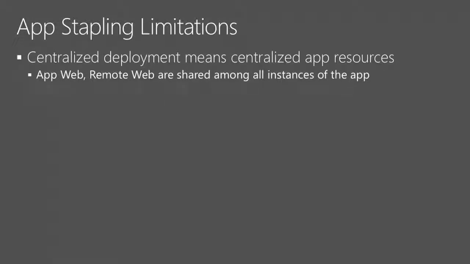So the centralized deployment means that there are centralized app resources, okay? So the app web, the remote web, they're all shared amongst all the instances of that app. So I don't get an instance of the app web for every site that app is actually installed on. That may or may not be a problem. It may be a feature to you, right? You could say all of the data for this app is in one place, right?